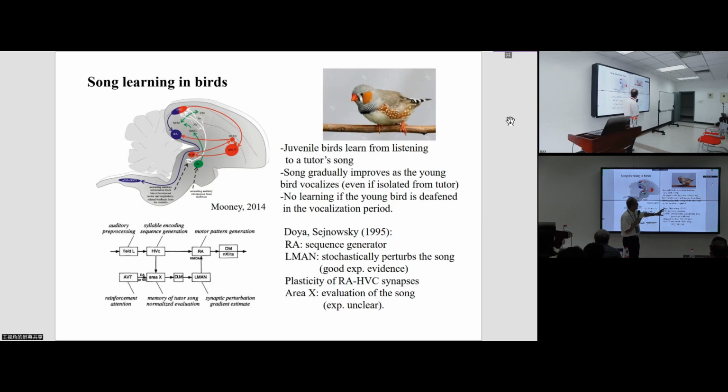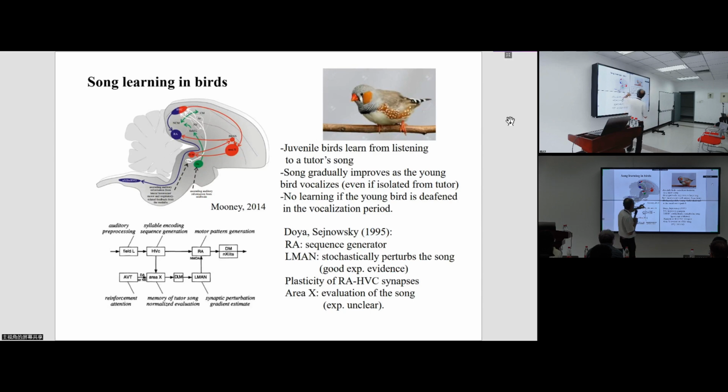And there are many experiments that go in favor of this. In this kind of framework, one should compare the perturbed movement or song to the current performance, so one should evaluate the perturbed song.